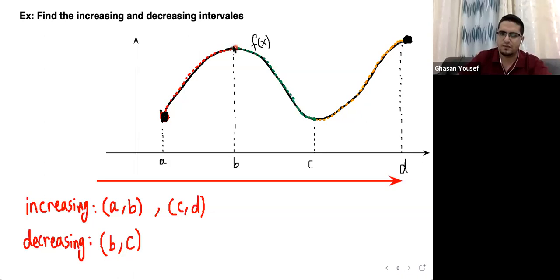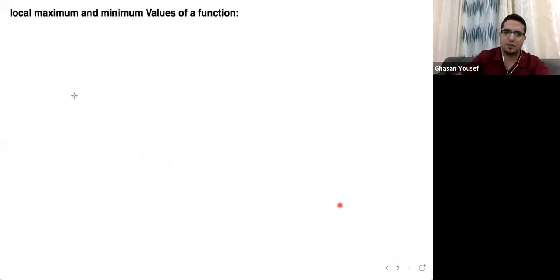This point is x equal b. X equal b is the local maximum of the function because it is at the top. Now, when the function changes from decreasing to increasing, this point is at the bottom of the mountain. This point is called local minimum. So I'm going to graph a function here, and I will show you the local maximum and minimum.